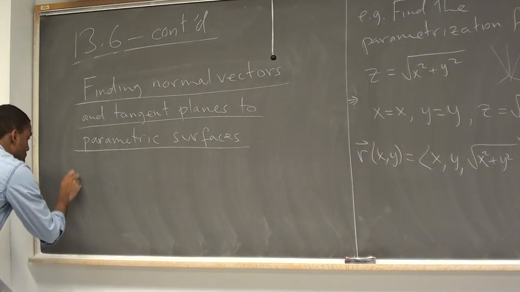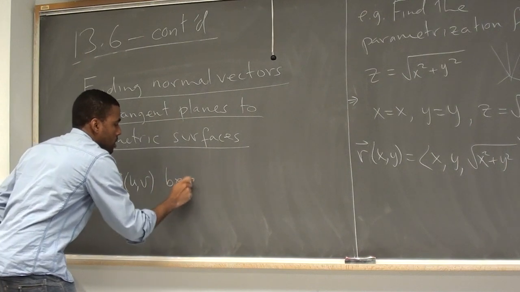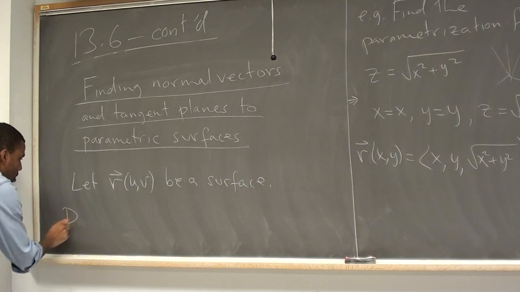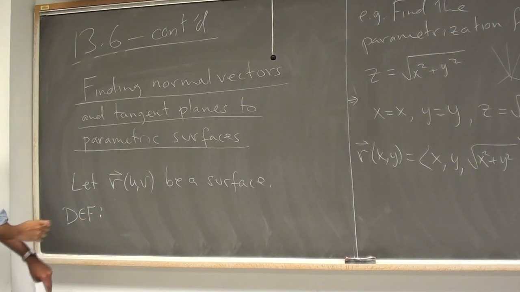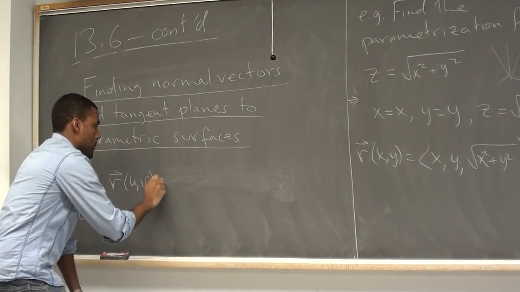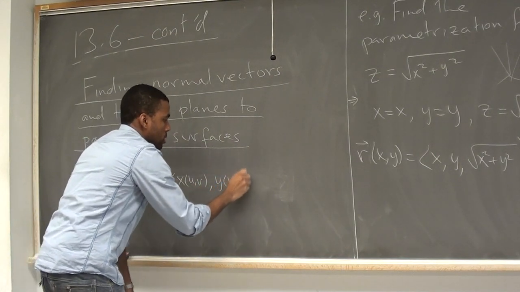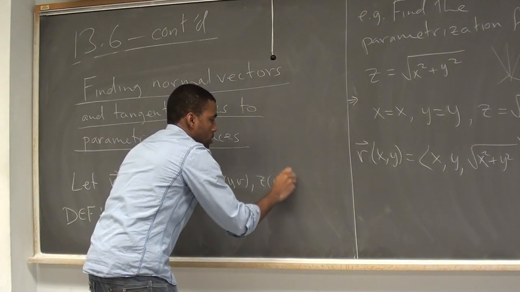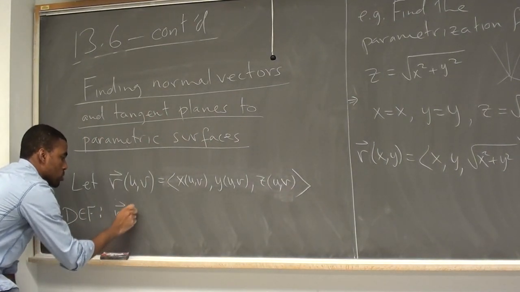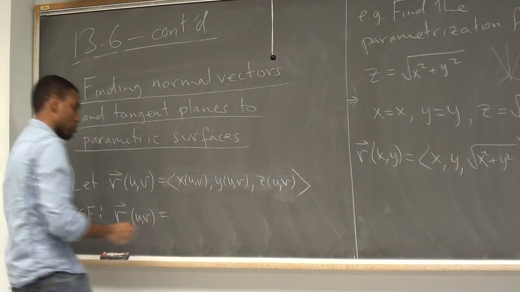Okay. Let R of u,v be a surface: x(u,v), y(u,v), z(u,v). Define the following. R sub u of u,v is just the partial derivative of all the components with respect to u.